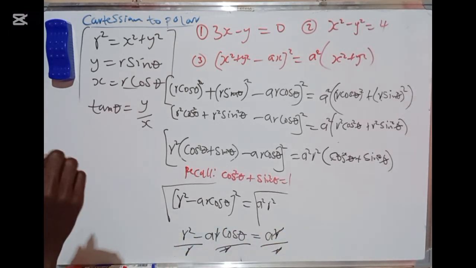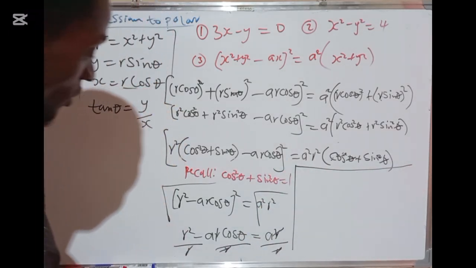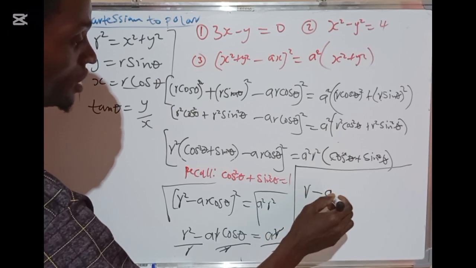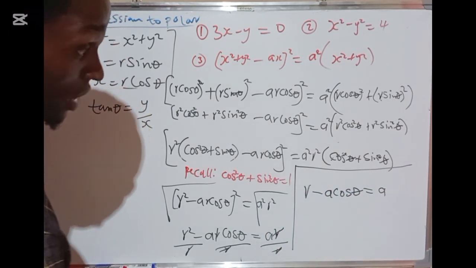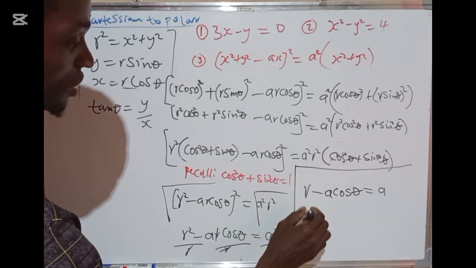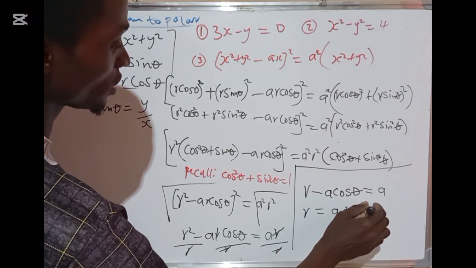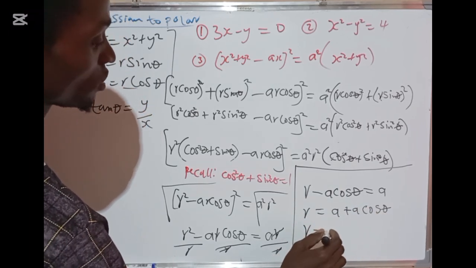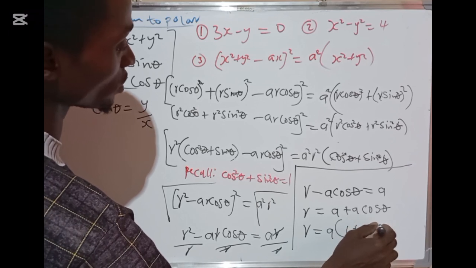Then here we have only one r, so r minus a cos theta is equal to a, or r is equal to a plus a cos theta, which can be simplified to r is equal to a into 1 plus cos theta.